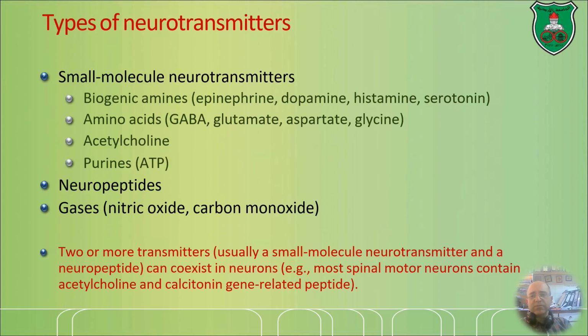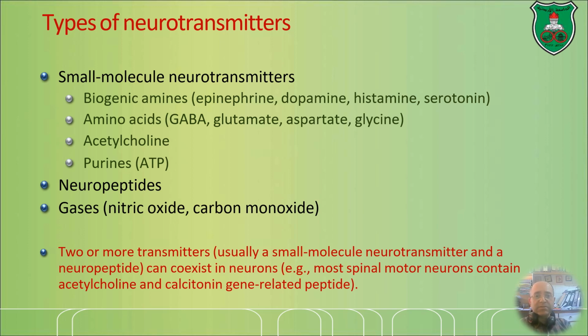So there are different types of neurotransmitters depending on their structure. فعنا small molecule neurotransmitters وبرضه في عنا sub classification لهدول النيوروترانسميترز. فعنا biogenic amines زي الابنفرين, dopamine, histamine, serotonin, and so on.